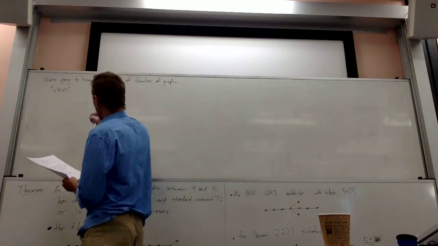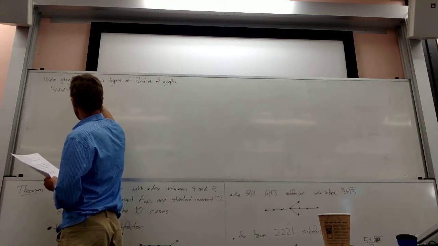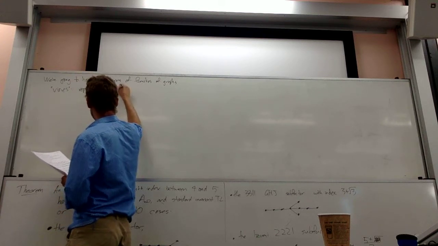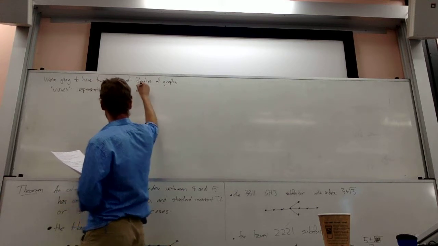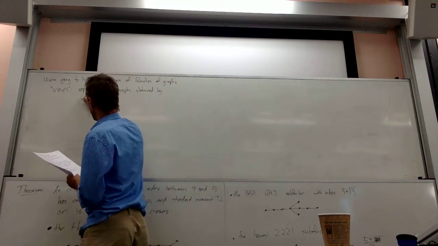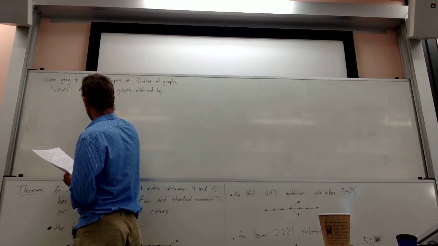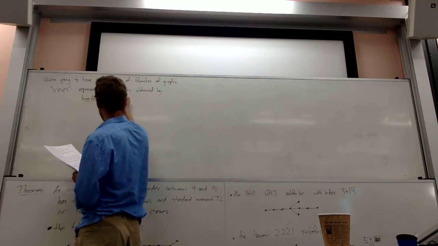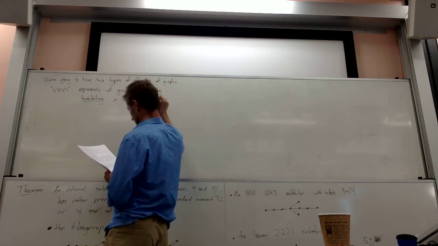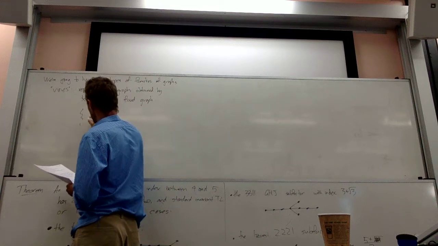So a vine represents all graphs obtained by what's called translating a fixed graph. I'll draw you a picture to indicate what that means.